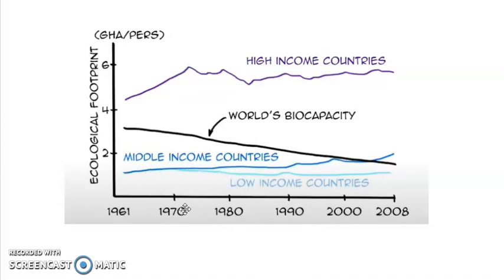They didn't change any ecological footprint. Middle-income countries, as they develop a little bit, start wasting more resources. And look at these high-income countries, right? These are using more than 4 Earth global hectare area per person.